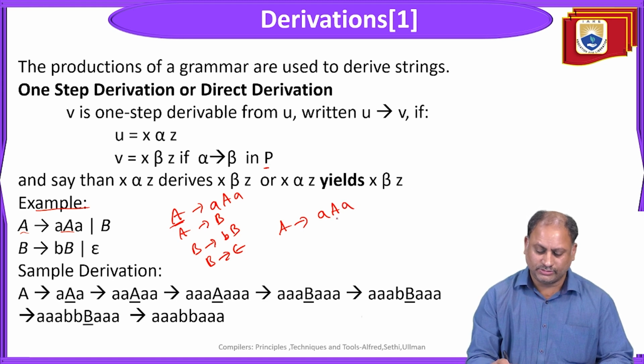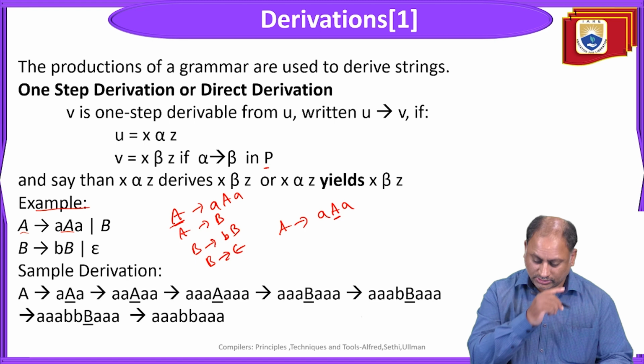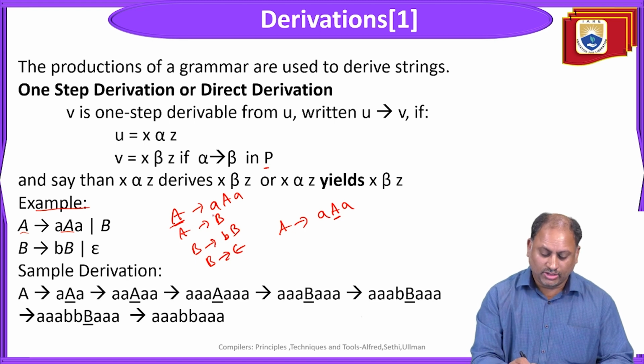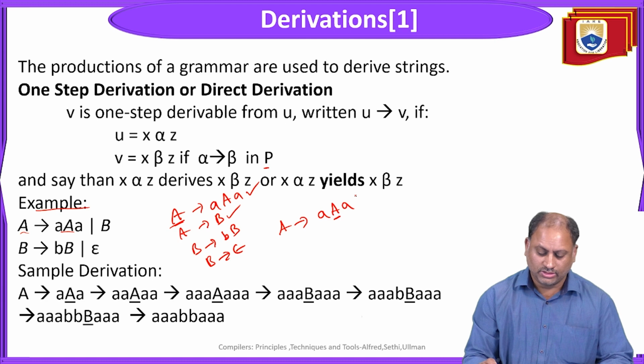We are going to derive a string by applying the grammar productions, that is, the set of rules for capital A. What capital A contains, I can apply either this one or this one. So in order to substitute the capital A with small a, capital A, we get this result.